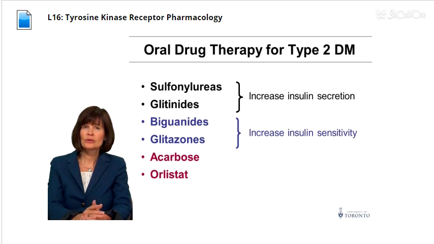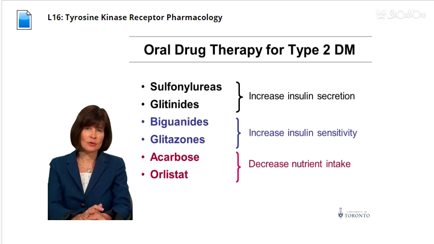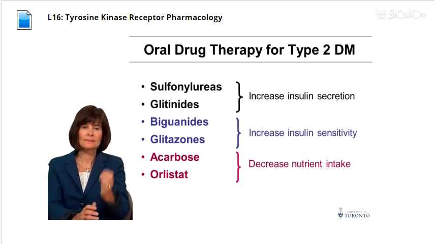These drugs also include metformin, one of the most commonly prescribed drugs for diabetes. The third group of drugs are inhibitors of carbohydrate or fat absorption from the GI system, and these include, for example, orlistat. In the next few slides, we will briefly discuss the mechanisms of action of each of these three groups of drugs.